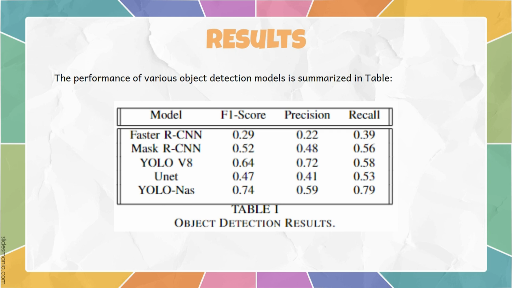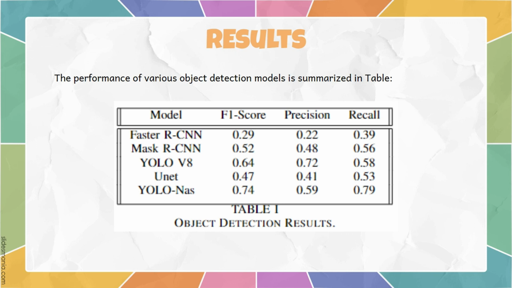The YOLOv8 model outperforms others in precision, meaning higher reliability in minimizing false positives. It achieves a precision of 0.72, an F1 score of 0.64, and a recall of 0.58.